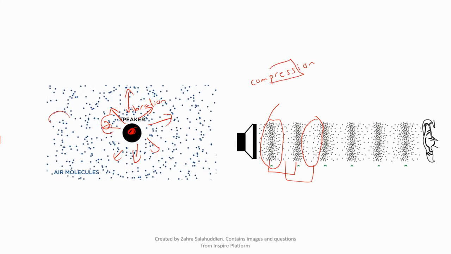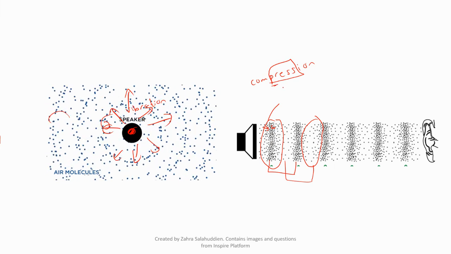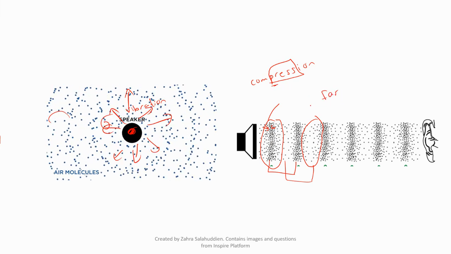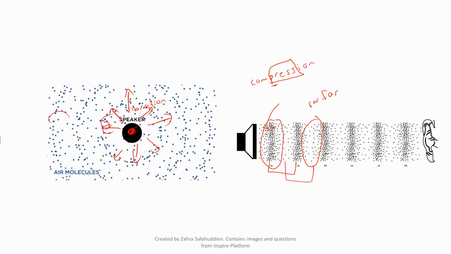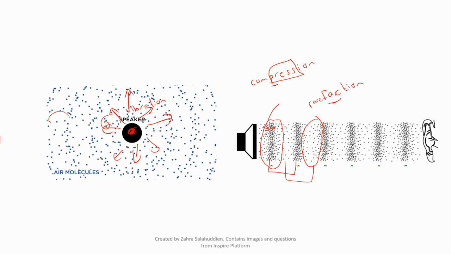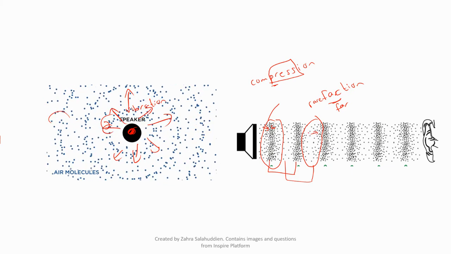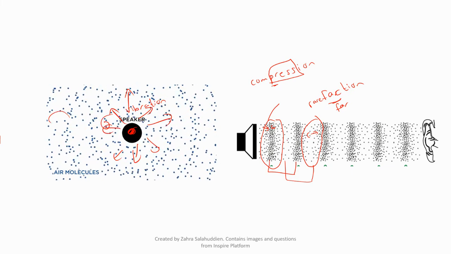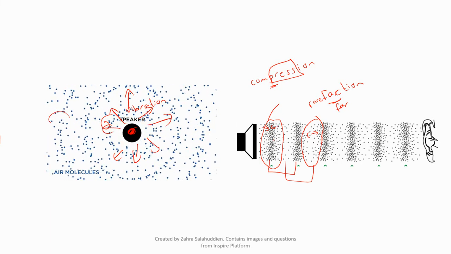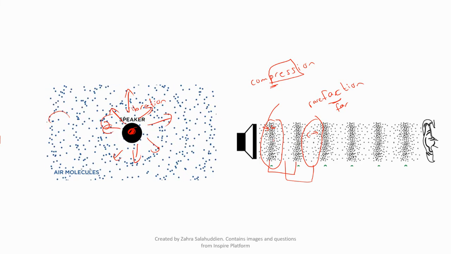The other ones, where they are far from each other, we call a rarefaction. Kind of looks like the word far, okay? So compression is when they are close, rarefaction when they are far.